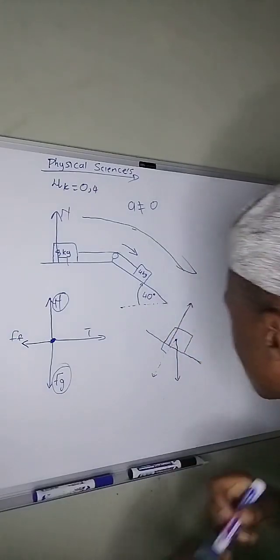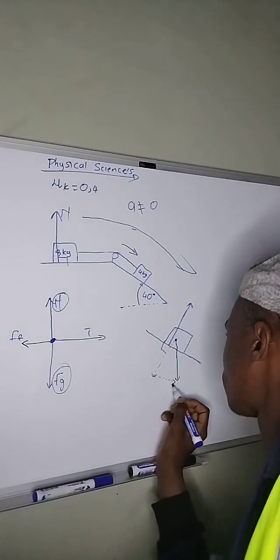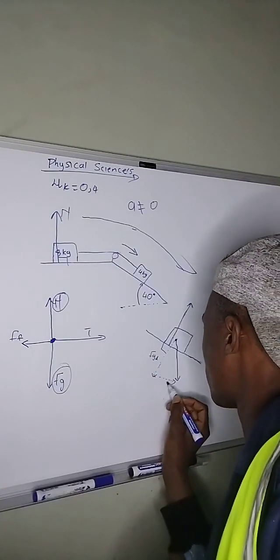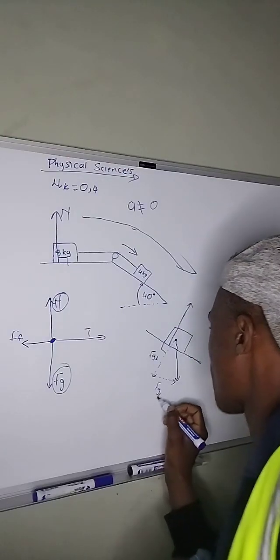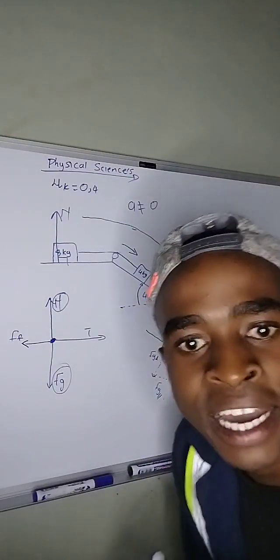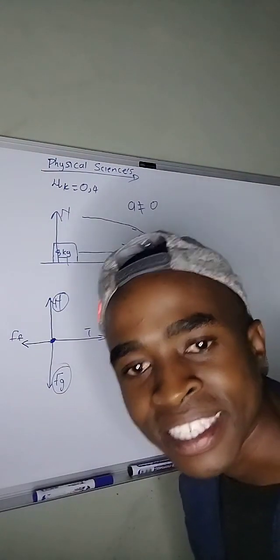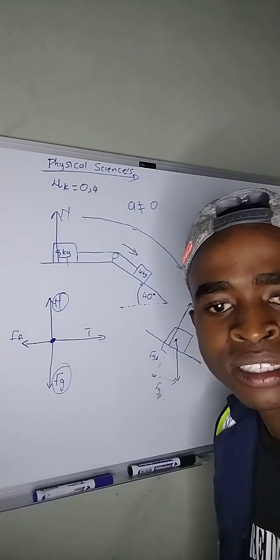So now I'm having this guy. This is going to be our FG perpendicular, and we are going to have our FG parallel. Parallel to what, guys? I'm asking again. Parallel to what?